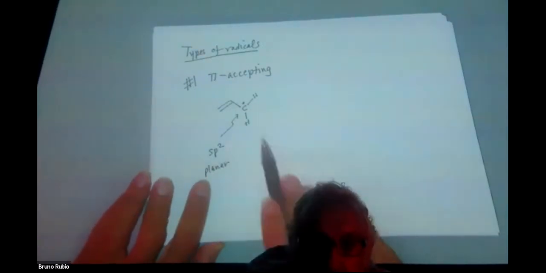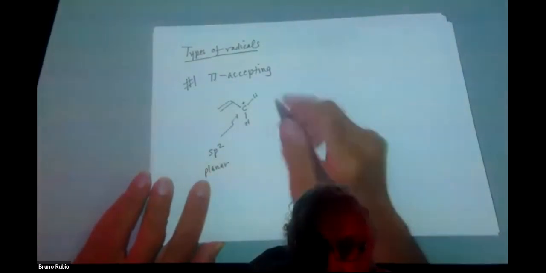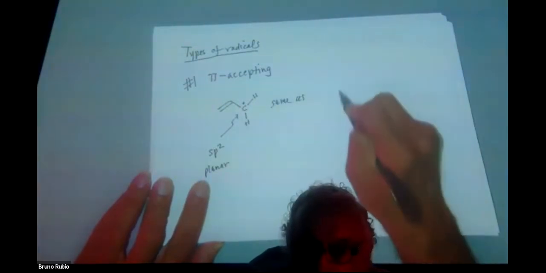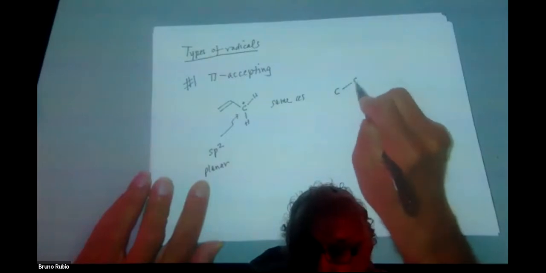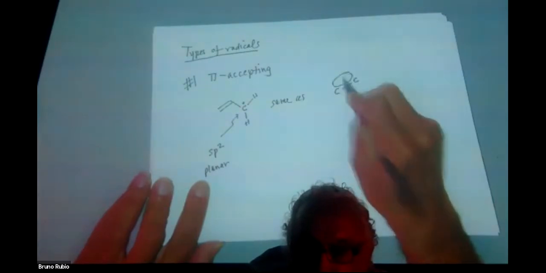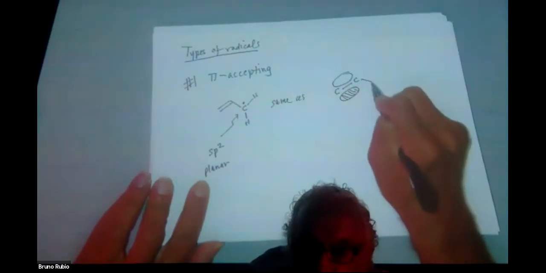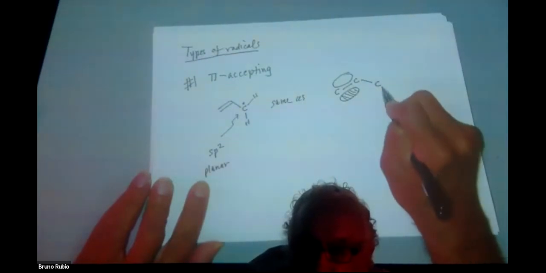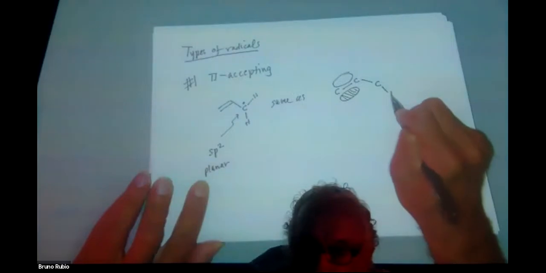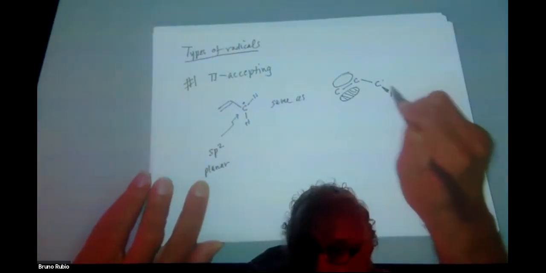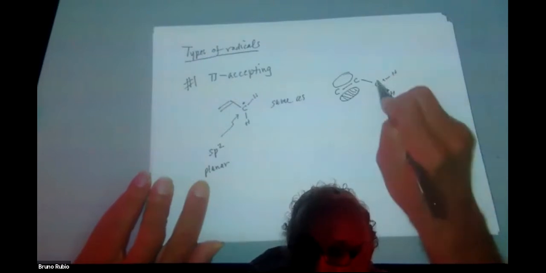All right, so an orbital picture of this same guy would maybe look something like this. Here we have the pi bond between the two carbons. And here we have the hydrogen over here.